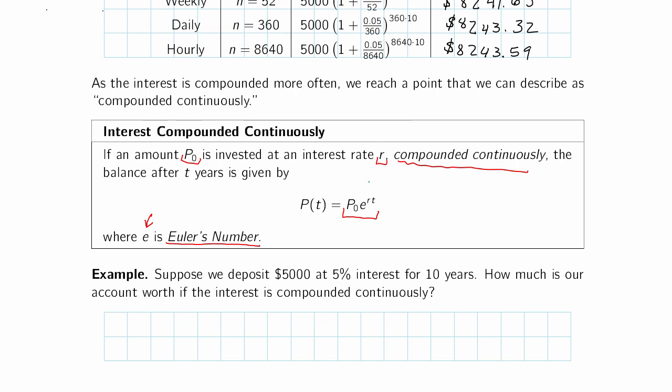What's going on here? The interest rate is in the exponent. How'd that happen? We'll see a little bit of how that happened in the next video.